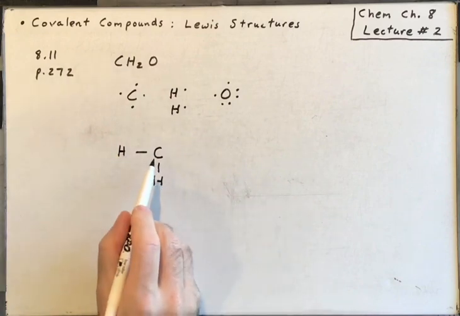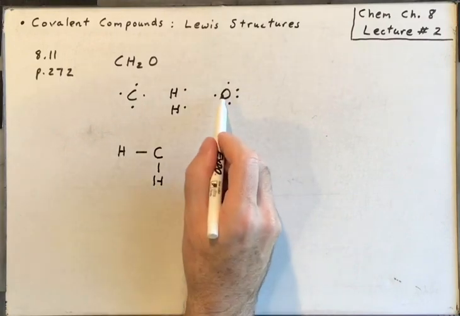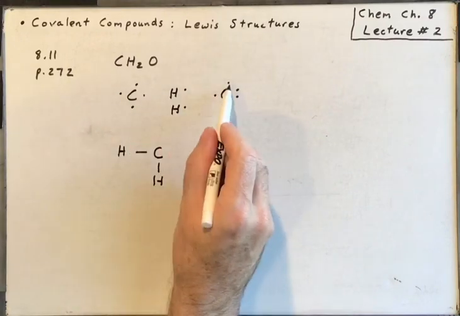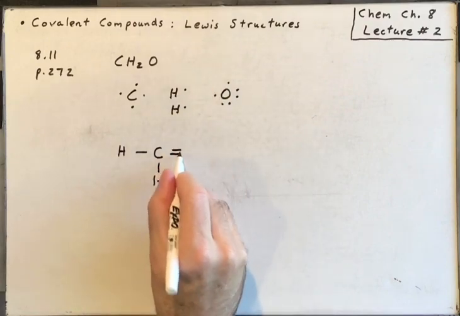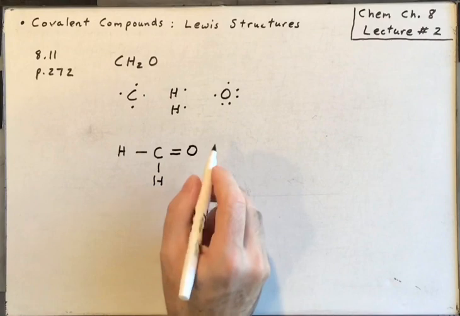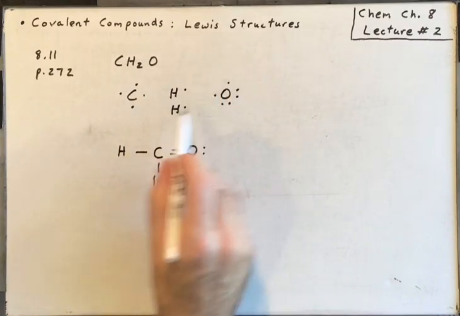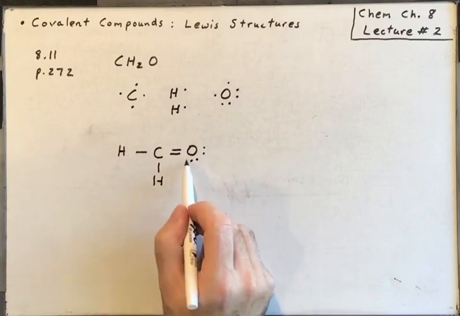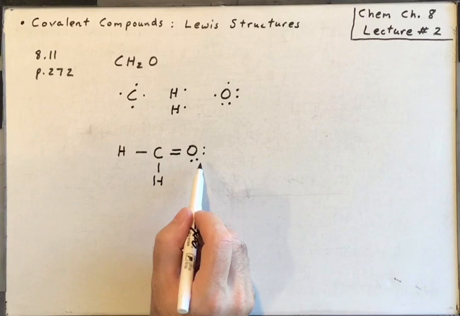Now, those 2 hydrogens are happy. They both have 2. What kind of bond between carbon and oxygen? Well, oxygen has 2 empty slots. There's only 1 oxygen, so we could form a double bond. If there were 2 oxygens, we would have a single bond with each one. But in this case, there's just 1 oxygen, so it would form a double bond, a stronger bond.